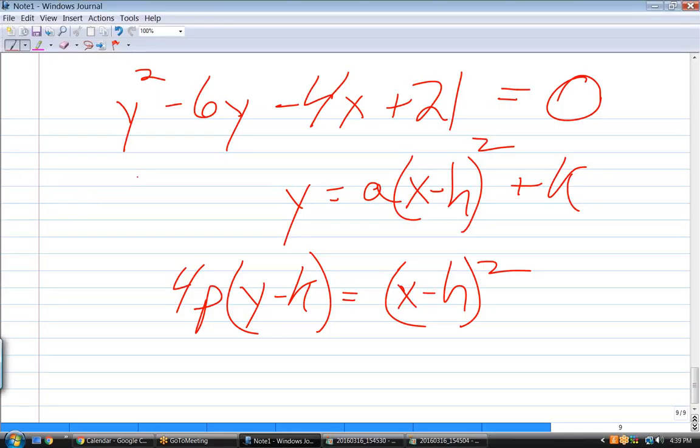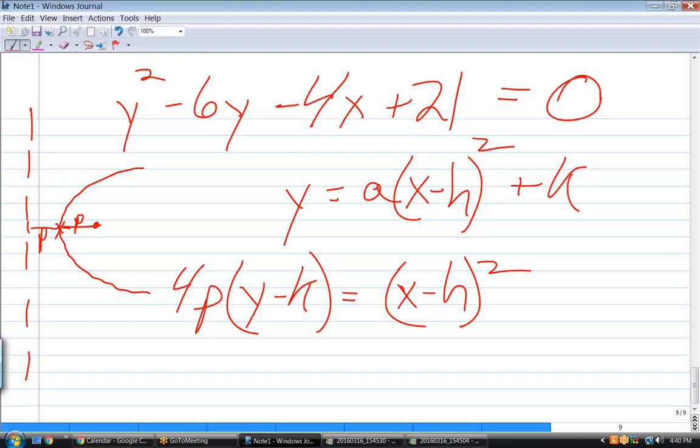So if I have a parabola that looks like this, and I have a focus right there, this distance right there is P. And the directrix is always the same amount away from the vertex as the focus is. So this distance here is also P.